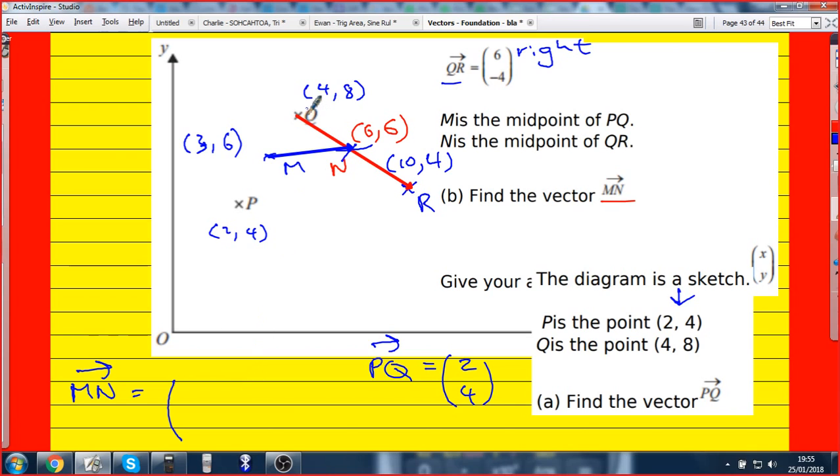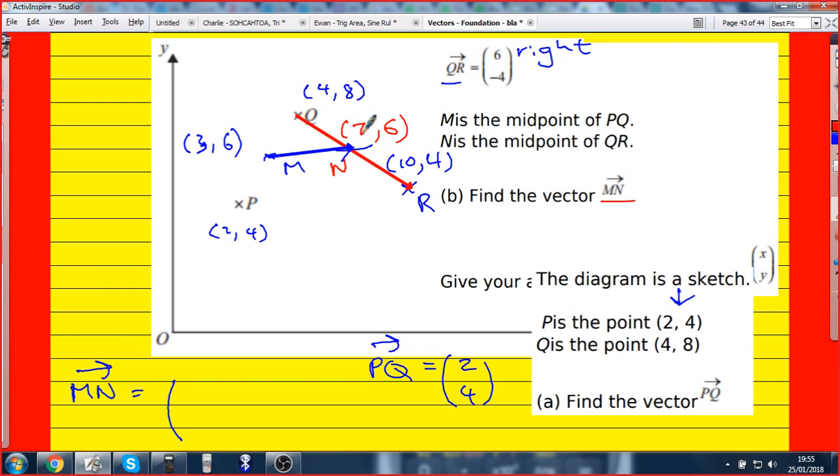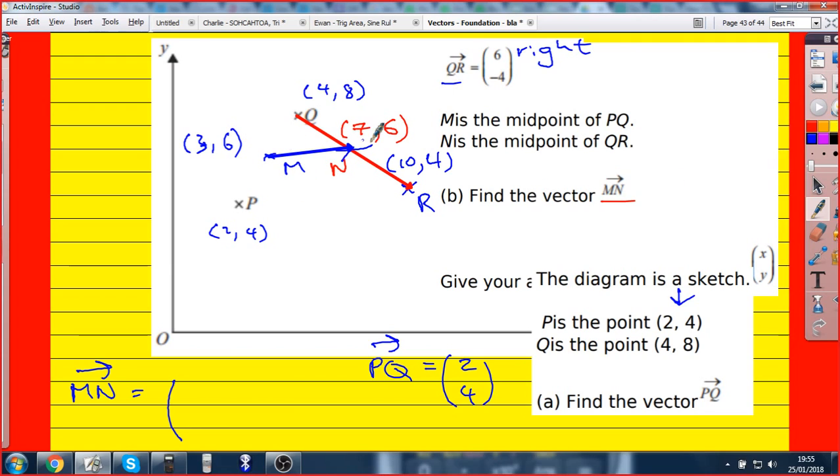Hang on. The midpoint from 4 to 10 isn't 6. To get the midpoint, you add the two numbers and divide by 2. So 7, 6. Okay, so what is the vector from M to N? Do you do 3 and 7?